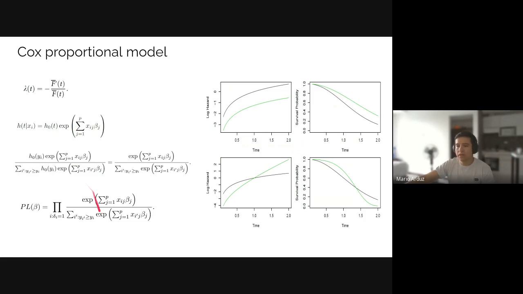Then they only have these parameters to estimate, and they do it by partial likelihood, because they would pretty much have all the information that they want.